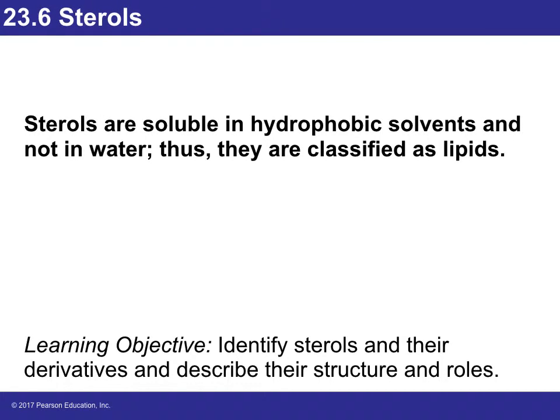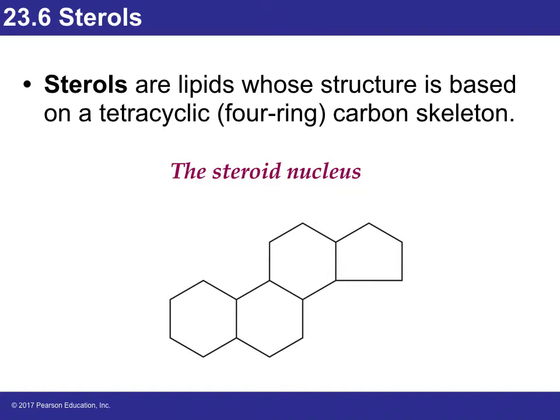Then we look at sterols. They are soluble in hydrophobic solvents and not in the water, so they are classified as lipids. The characteristic is the fact that you have a four-ring carbon skeleton, so a tetracyclic carbon skeleton. This is here just the steroid nucleus, typical.